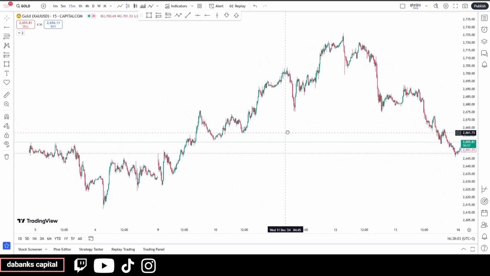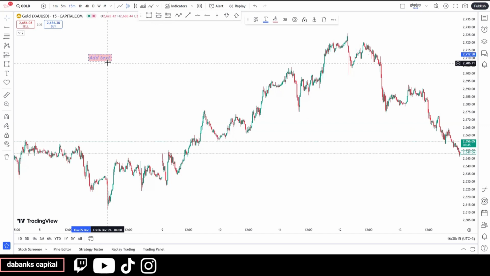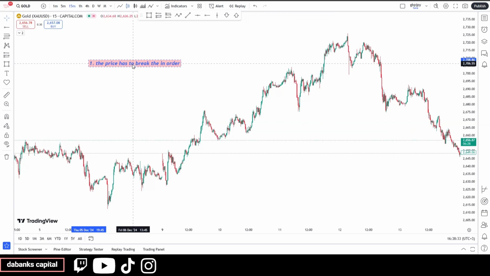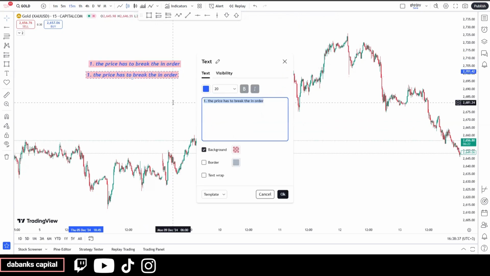So in order for this strategy to work, first of all, the trend line must break. The price must break the trend line in order for you to take a trade. And the second thing is that you enter your trade.